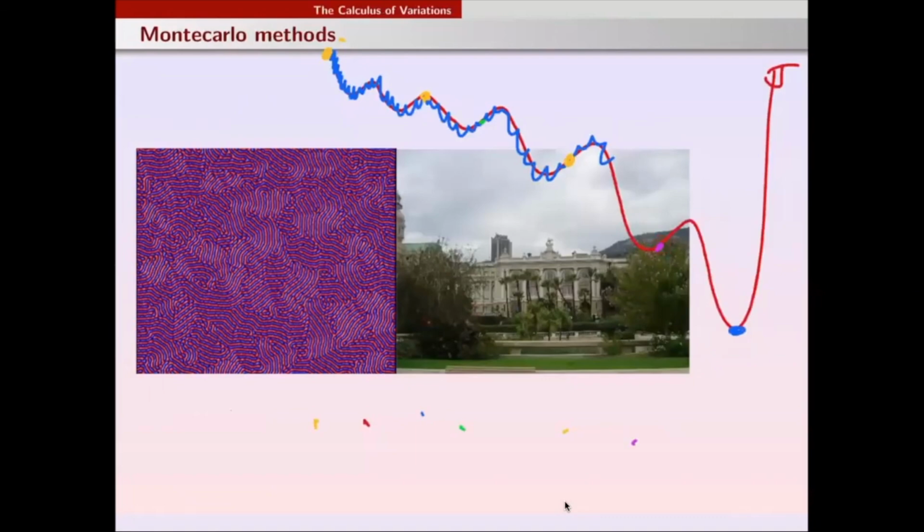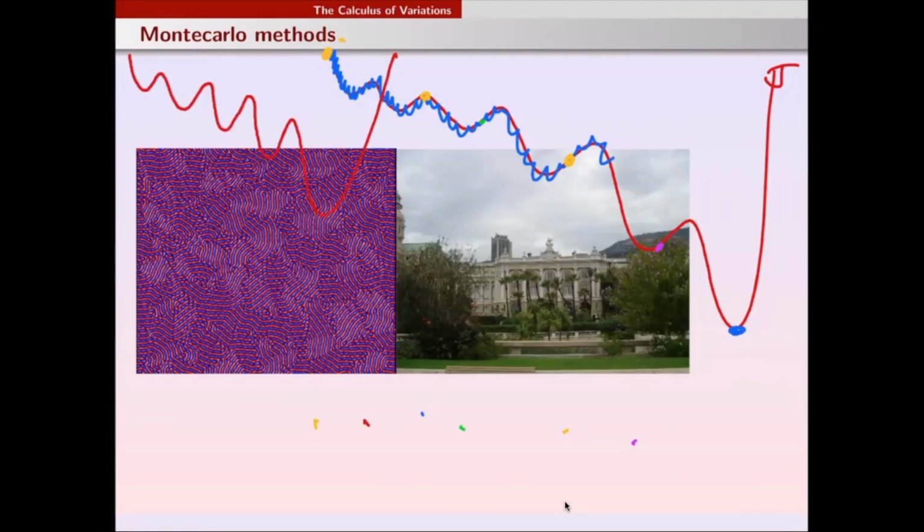So if someone criticizes the Monte Carlo method because it converges in probability, but after a finite number of iterations you will never know how close you are to the minimizer, so it is not as precise as a gradient descent algorithm, you could also tell this person, listen, but when you are doing gradient descent, you are not guaranteed to converge to the global minimizer either.